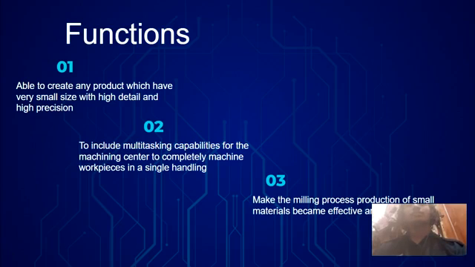Because of the high precision and high detail, the process can be done in a single handling, even though there is a more complex process in it. And the last function is to make the milling process of small materials effective and efficient, because this is micromilling. This is good for small and medium materials in an economical process.